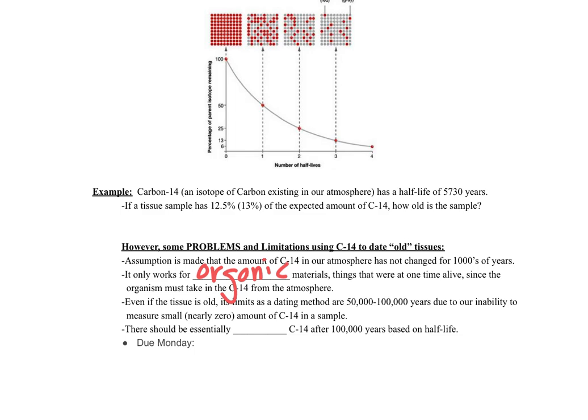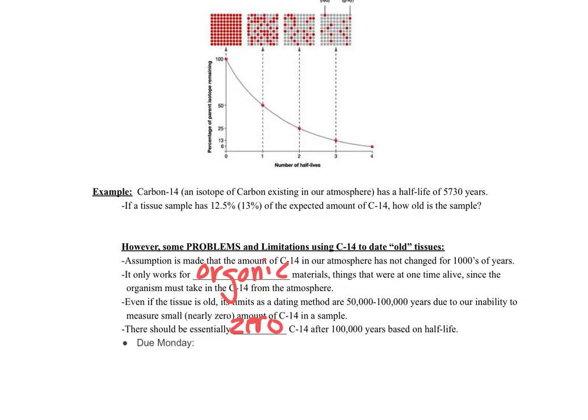Even if the tissue is old, as I said a few minutes ago, after 50,000 years, if you're losing half every 6,000 years of the carbon-14, there's going to be so little you can't measure anymore. There should be essentially 0 carbon-14 after 100,000 years for sure, and even after about 50,000 years, it's so small that you can't measure it too well.